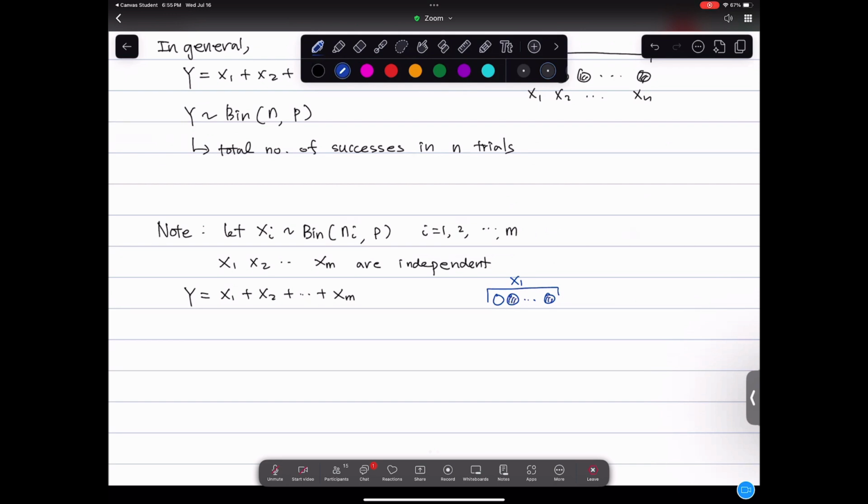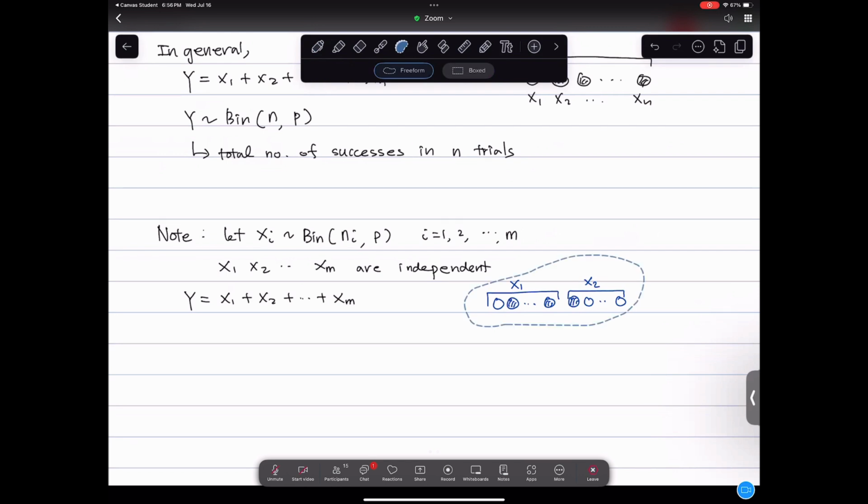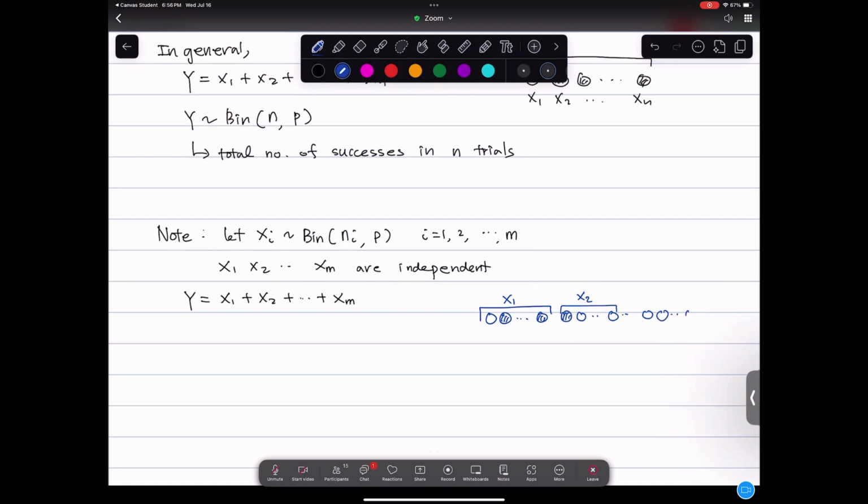Then I have another set of n2 items, and how many successes in those items, that's my x2. I can imagine all these sets of trials going all the way up to x of m, a set of trials and how many successes. That's my x of m.